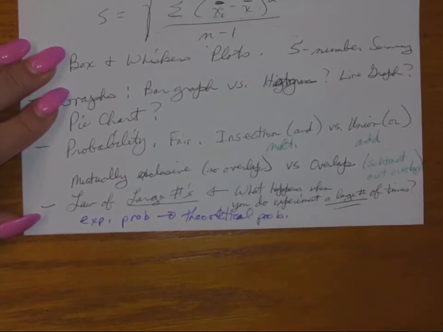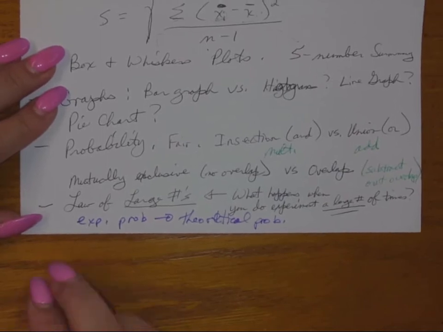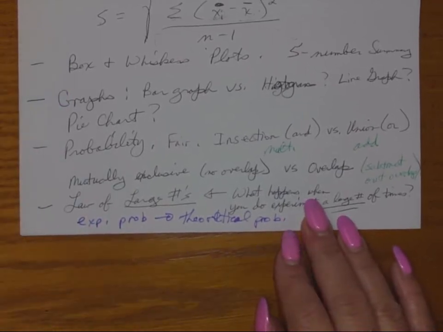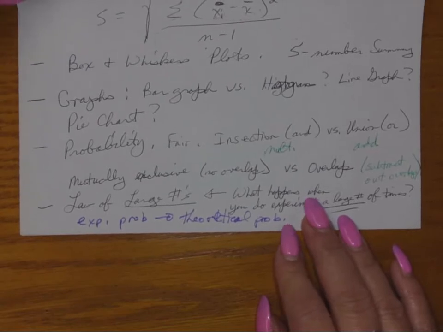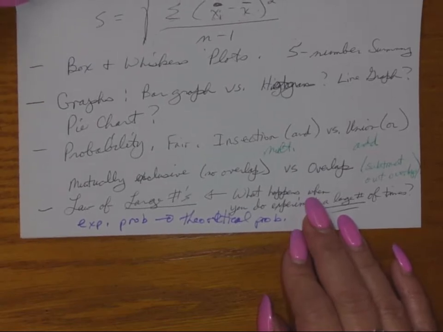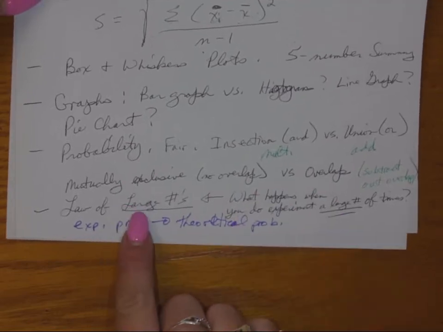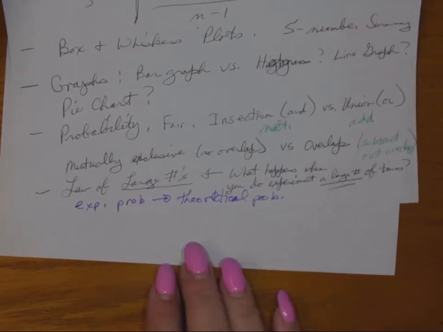So if I'm rolling fair dice and I do that 1,000 times, then the probability of me rolling, say, a 5 should be about 1 out of 6, because that's the theoretical probability. But if I just roll the die 6 times, I might not ever get a 5. So it doesn't happen with small numbers, it happens with large numbers. Be careful of that one.